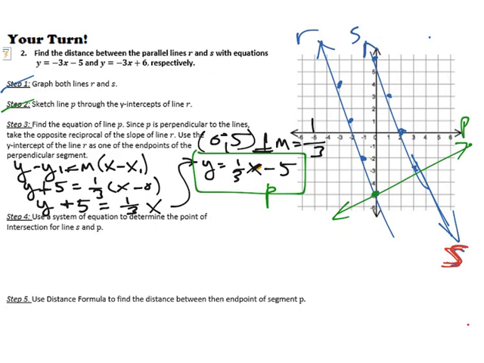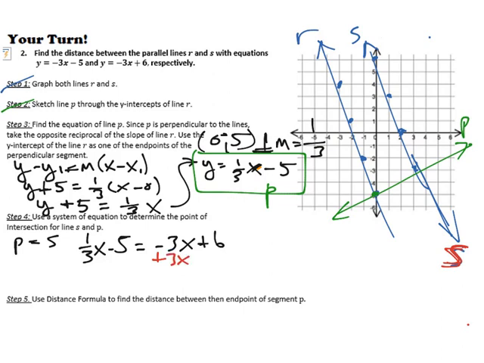I'm going to set them equal to each other, so P equals S. So 1/3 x minus 5, the equation for P, equals line S, which is negative 3x plus 6.